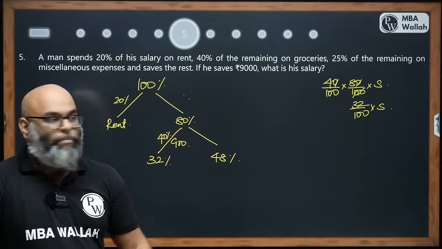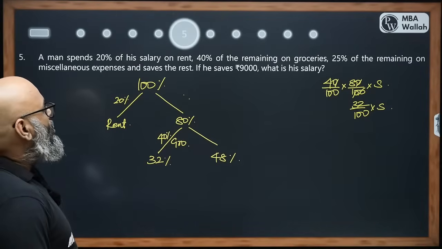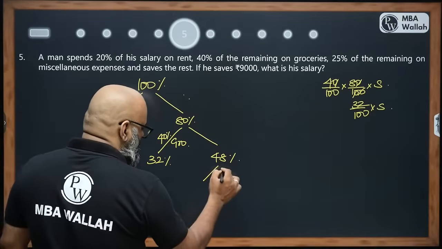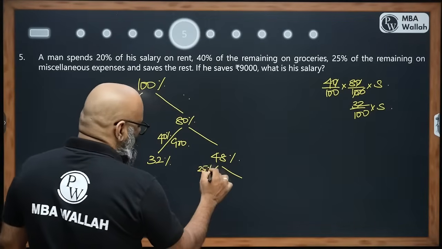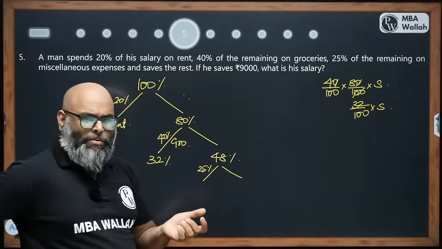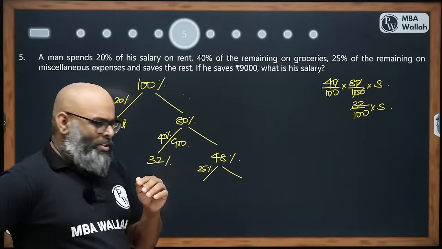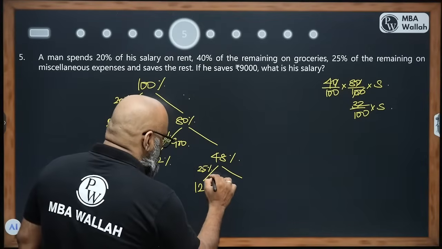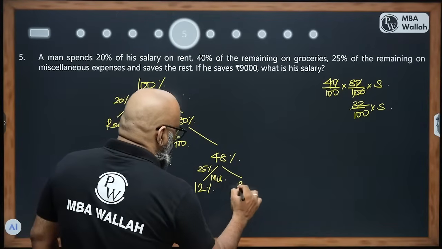Clear? Now finally it says 25% of the remaining on miscellaneous expense. 25% of this. What is 25% of this? 1/4 of this. What is 1/4 of this? 12%. 12% goes on miscellaneous, leaving you with 36%.